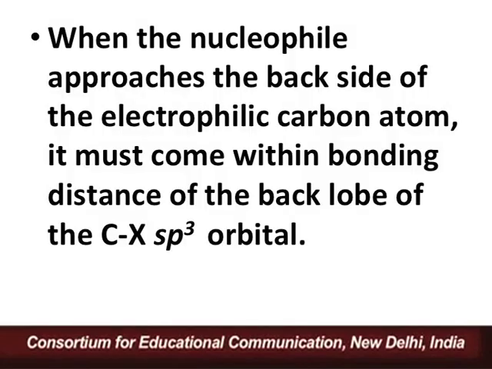The reason being that when the nucleophile approaches the backside of the electrophilic carbon atom, it must come within bonding distance of the back lobe of the sp3 hybridized orbital of the carbon. And this would not be possible if bulky groups are present there.